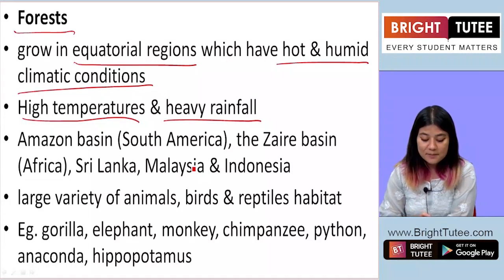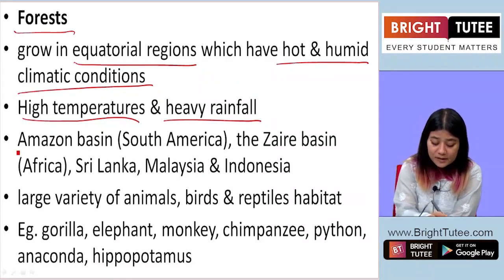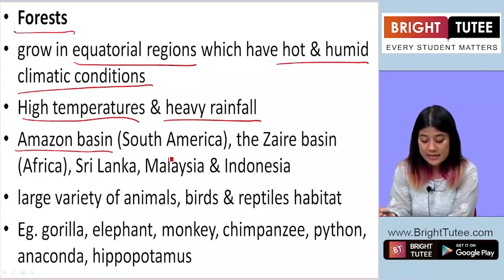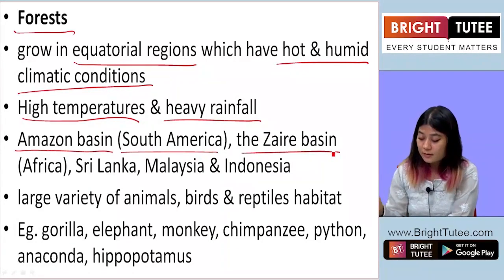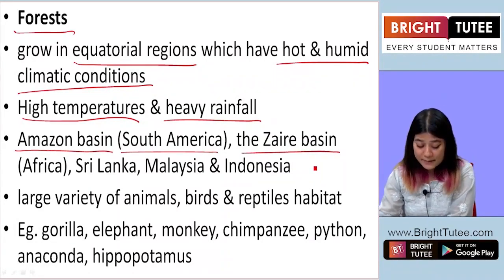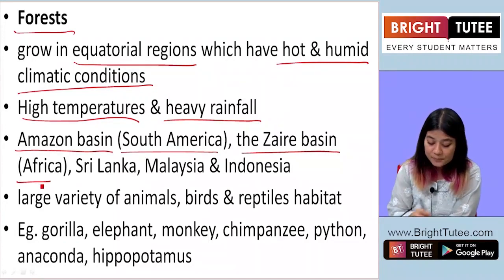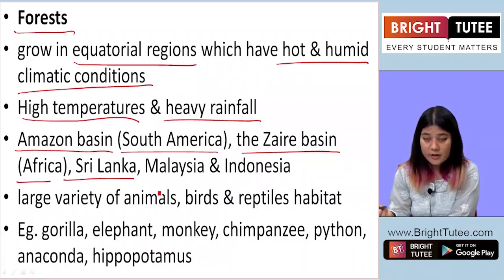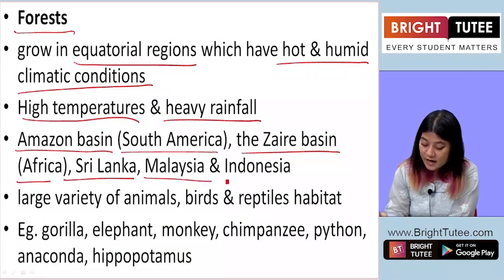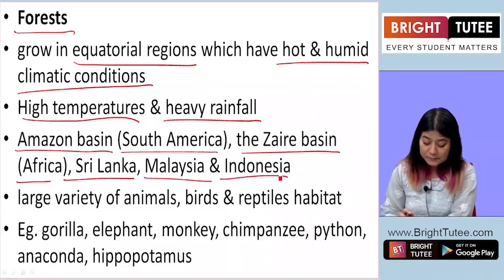Some of the examples that we can see are the Amazon basin, which is located in South America, the Zaire basin, which is in Africa, Sri Lanka, and also we find some equatorial forests in Malaysia and Indonesia. Okay.